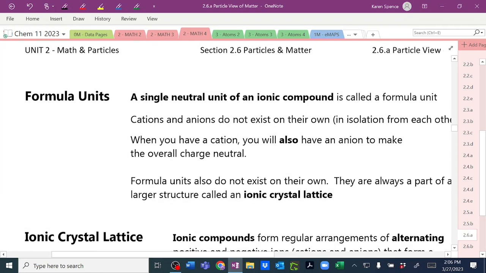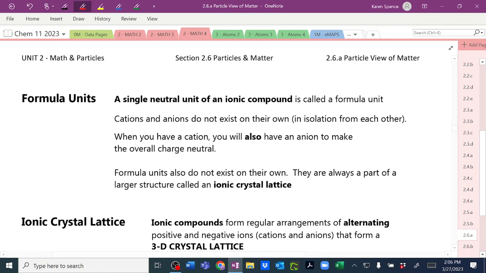A formula unit is neutral. What is the net charge if something is neutral? 0. So our net charge is equal to 0. It is a single neutral unit of an ionic compound.